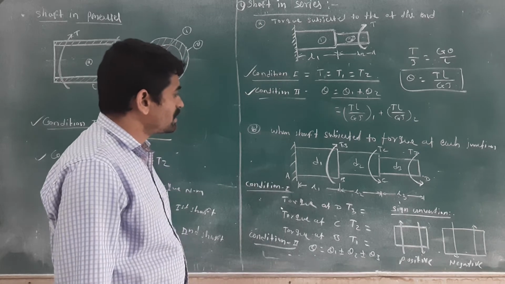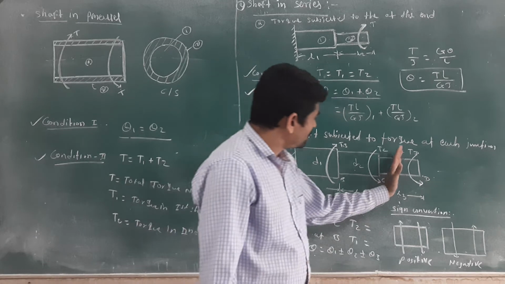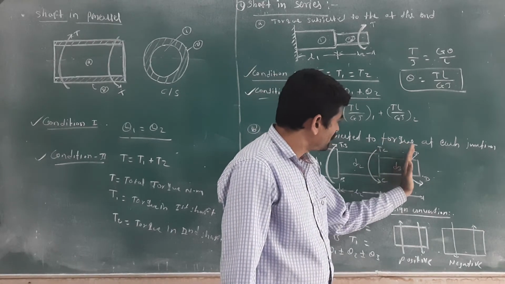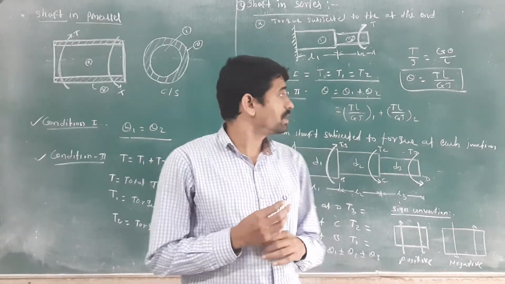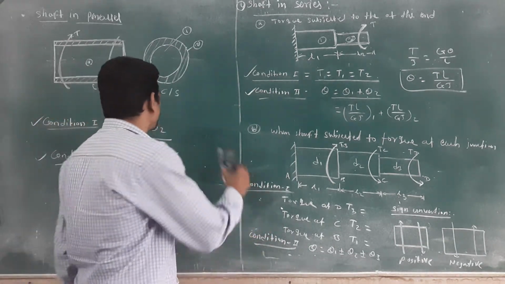In the first condition, what happened? This torque is applied at D. Check that here, you only have to think about the CD shaft. You should draw the FBD. How to draw the FBD for that shaft?